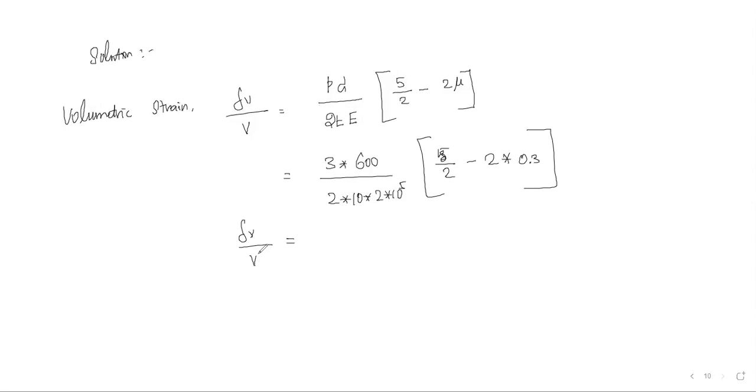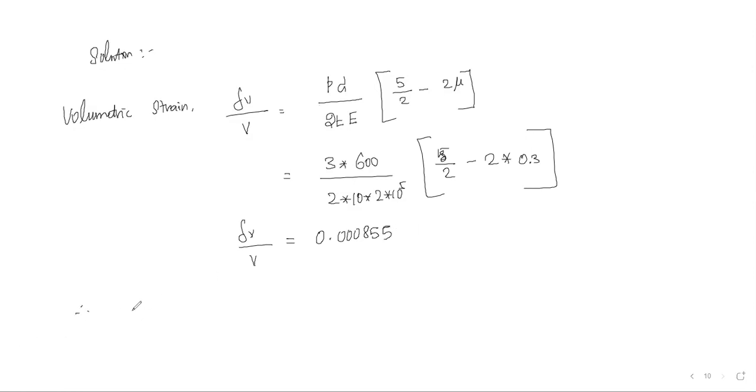So 3 into 600 divided by 2 into 10 into 2 into 10 to the power 5, multiplied with 5 by 2 minus 2 times mu. So it becomes 8.55 into 10 to the power minus 4, that is 0.000855.